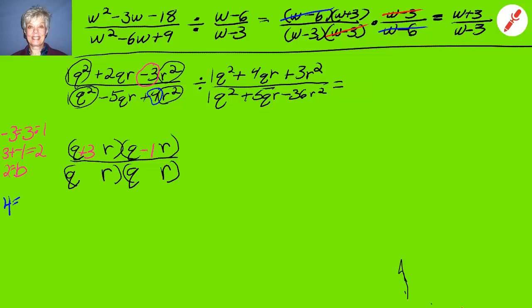Now, when it comes to factoring the bottom, the last number is 4. Notice that 4 equals -4 times -1. And -4 plus -1 is -5, your B number.